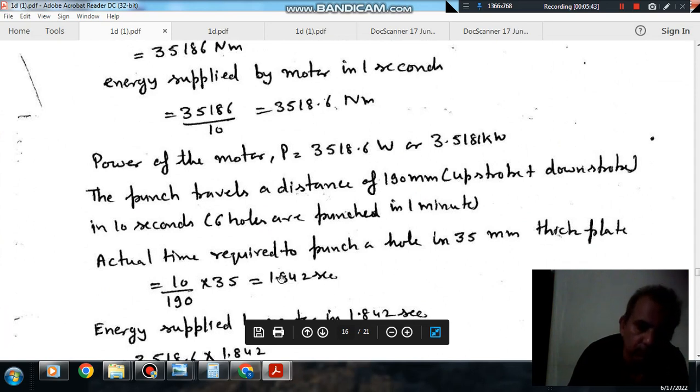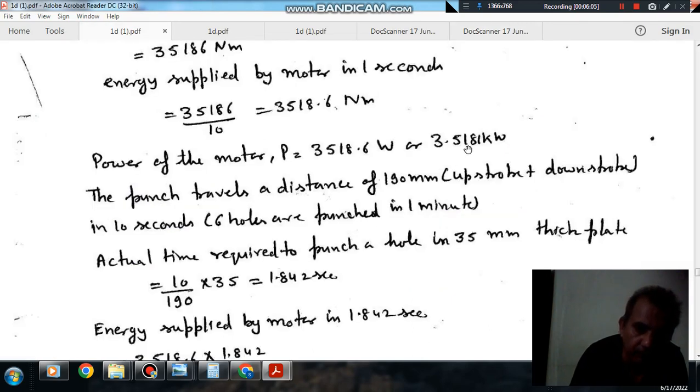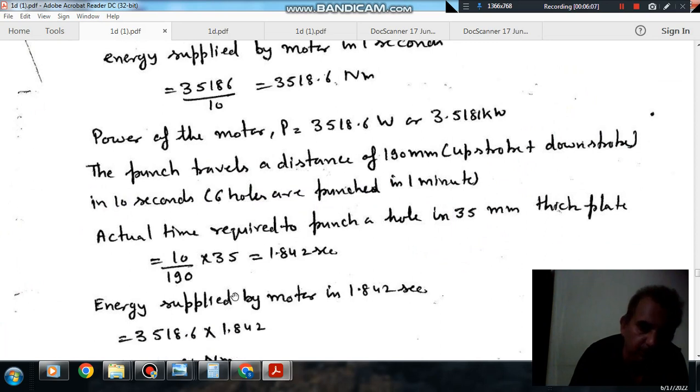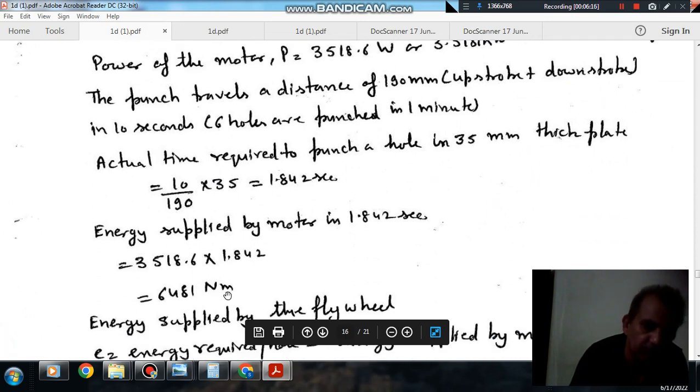So the time for this is 1.842 seconds, and the motor is supplying energy constantly. The energy supplied by the motor is constant. During this travel, as the power of the motor is 3.518 kilowatt, the motor will supply 3518.6 into 1.842 energy, or 6481 Newton meter.